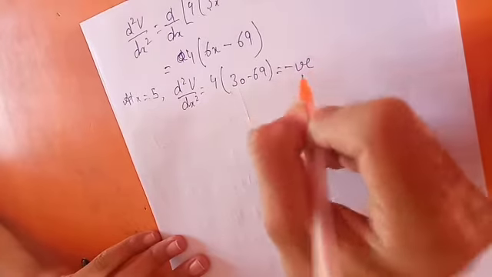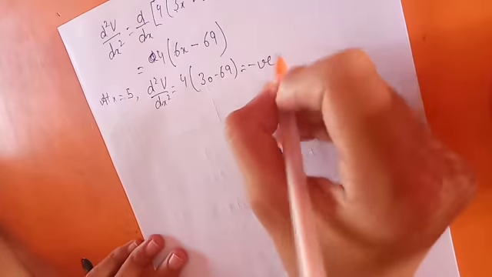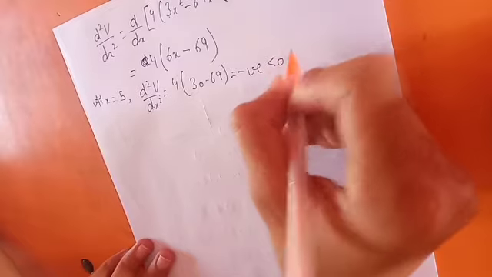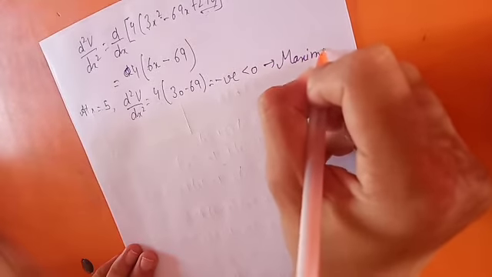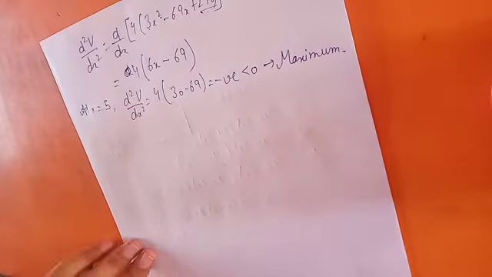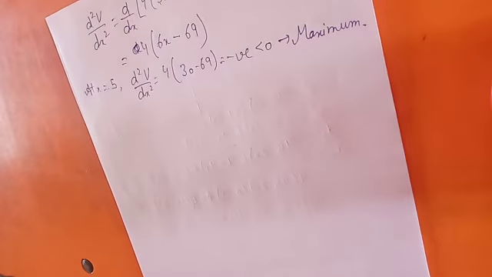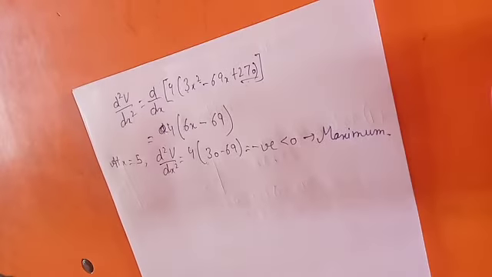That means it is negative. If it is negative, it is less than 0. Hence we get a point of maximum here. So whenever x is equal to 5, we have a point of maximum.